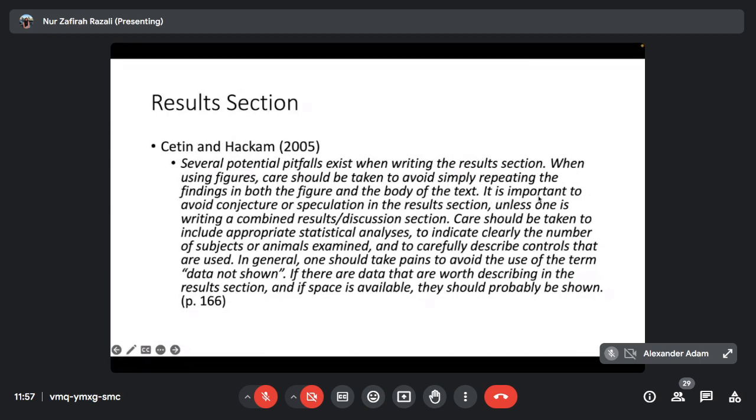It is important to avoid conjecture or speculation in the results section unless one is writing a combined results or discussion section. Care should be taken to include appropriate statistical analysis, to indicate clearly the number of subjects or animals examined, and to carefully describe controls that are used. In general, one should take pains to avoid the use of the term data not shown if there are data that are worth describing in the results section, and if space is available, they should probably be shown.